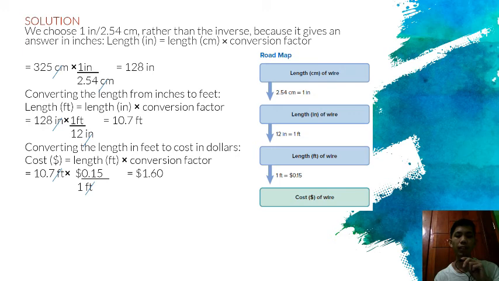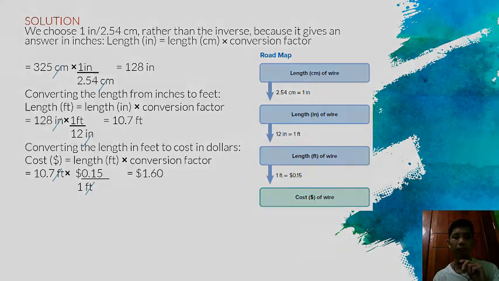So 10.7 feet times $0.15, since 1 foot costs $0.15. So cancel both feet, and 10.7 times 0.15 over 1 is equal to $1.60. So that's the cost of our wire.